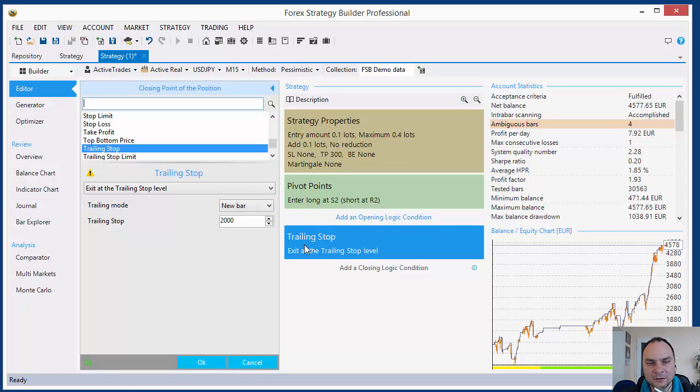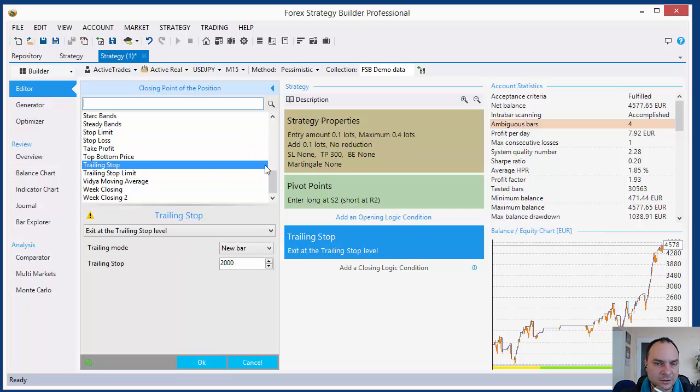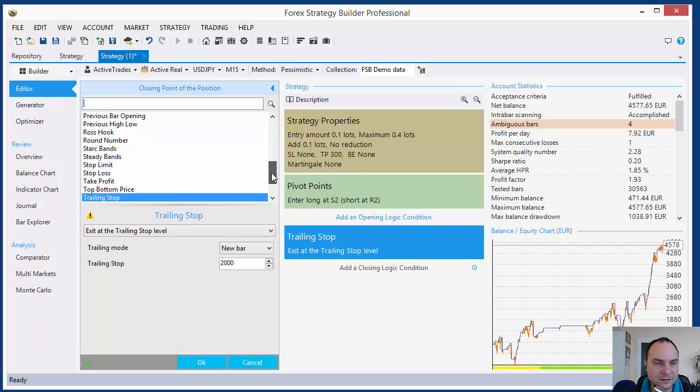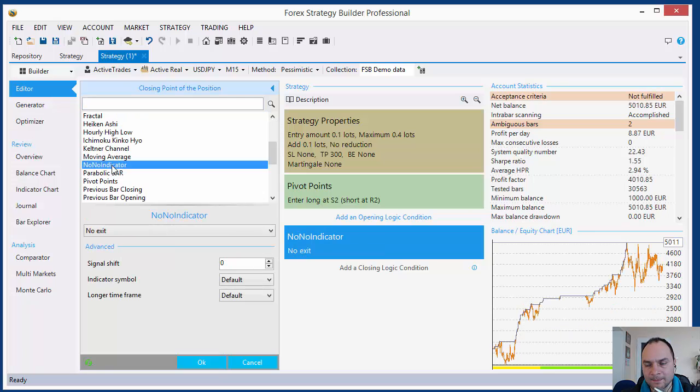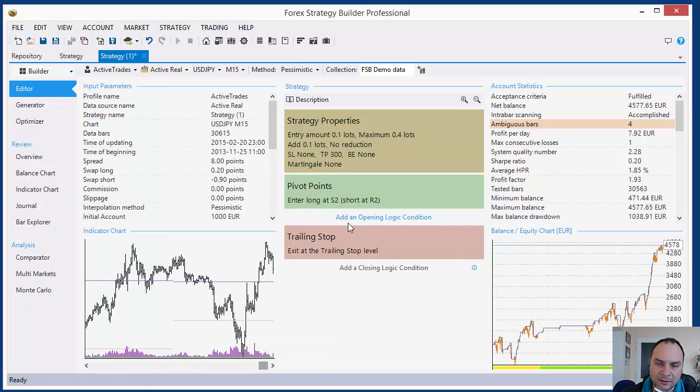I can set here nothing. If I set nothing, probably nothing will change. And I have no indicator. Let's try with that. Where is that? No. Something changed, so let's return back.